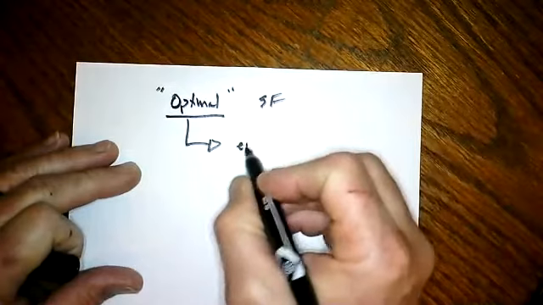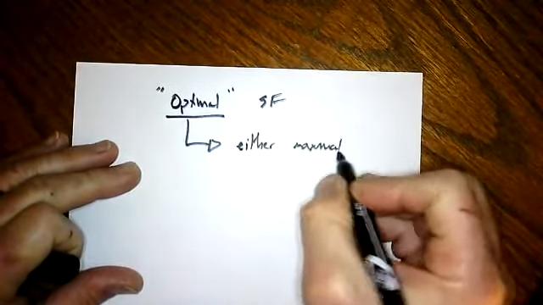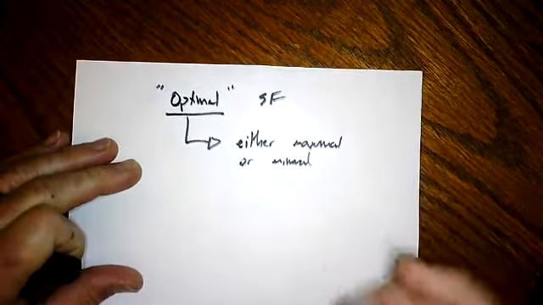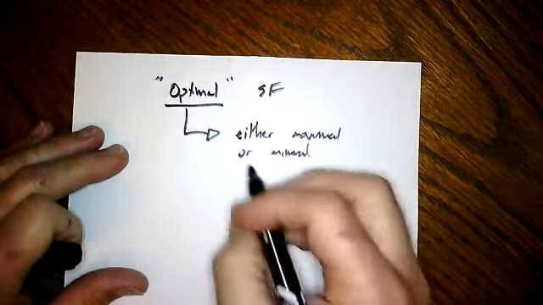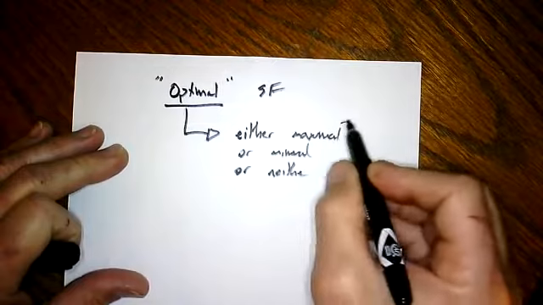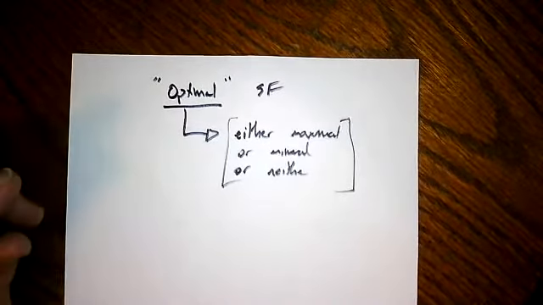So either maximal or minimal, or it may be neither, okay? And I know that gets confusing, but this is why we need to be careful when we're using this term optimal, okay?